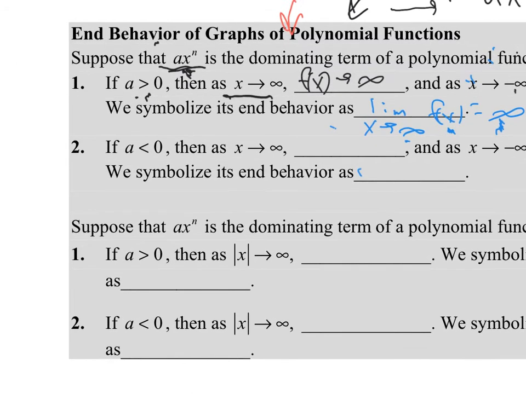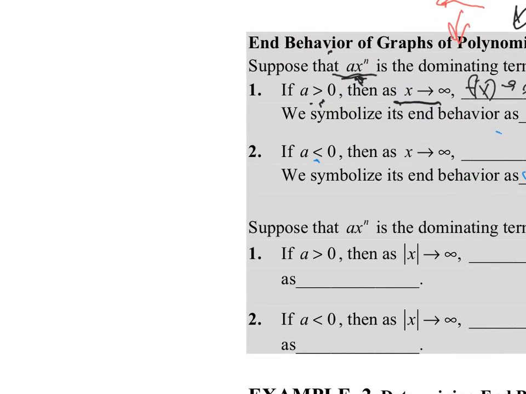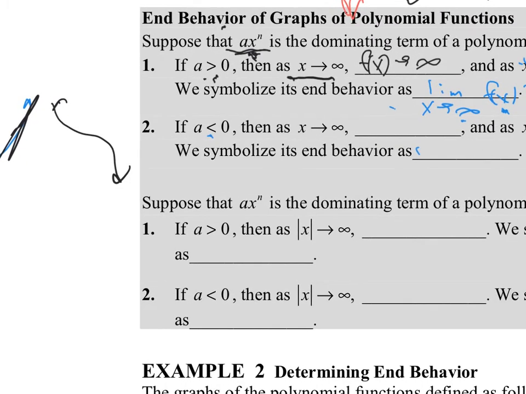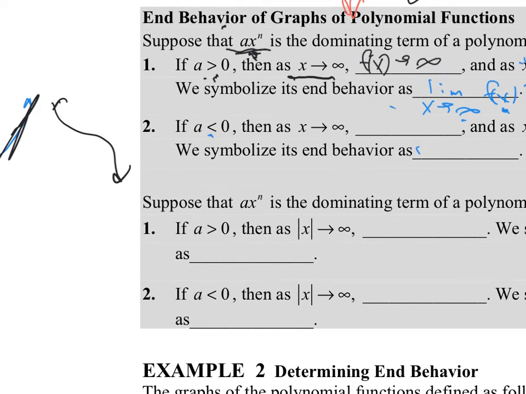Oh no, this is a is less than 0. Sorry. If a is less than 0, then this S shape flips. So as x goes to negative infinity, as I go to the left, my y values go up, so f of x approaches infinity now.